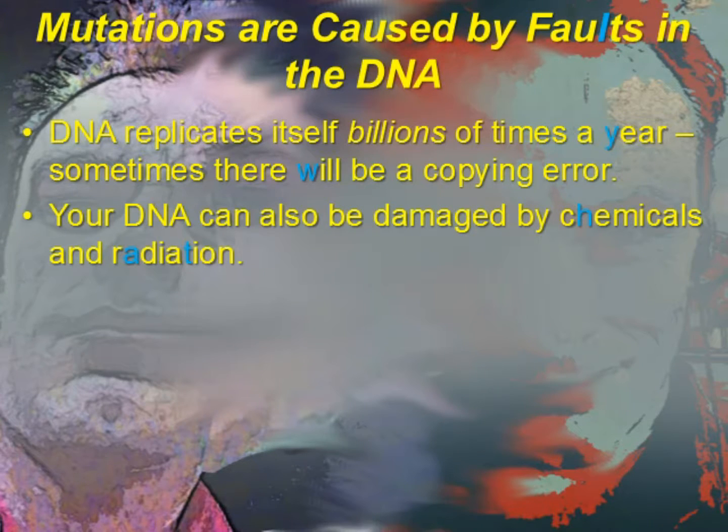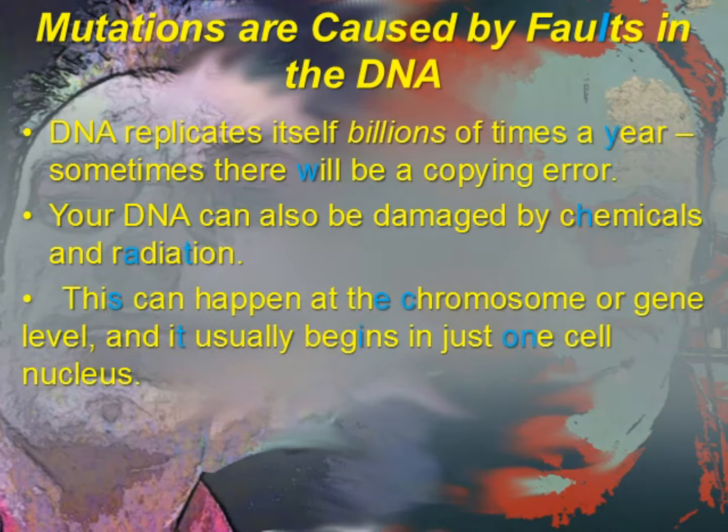DNA can also be damaged, and therefore mutated, by chemicals and radiation. Mutations can happen at the chromosome level or the gene level, and it usually begins in just one cell nucleus, but if that cell then divides, the mutation will get more and more common in the cells of the organism.